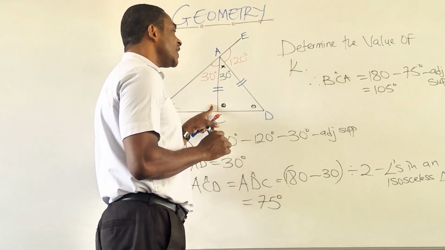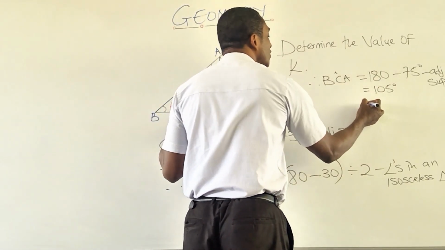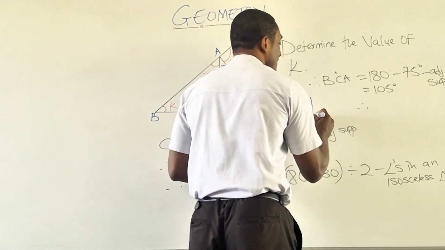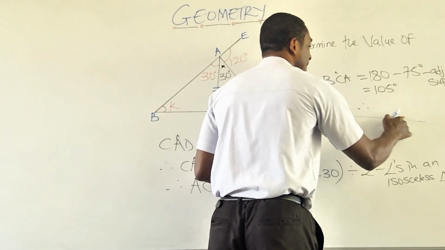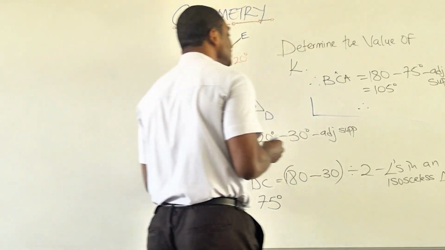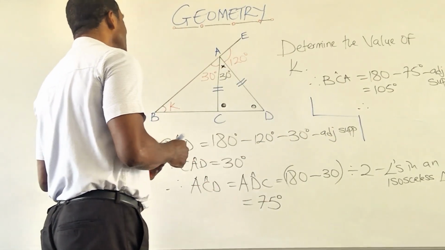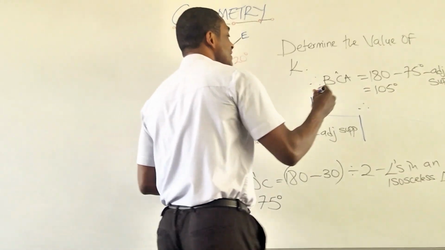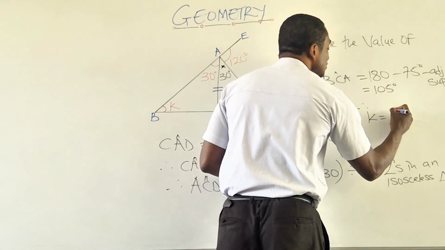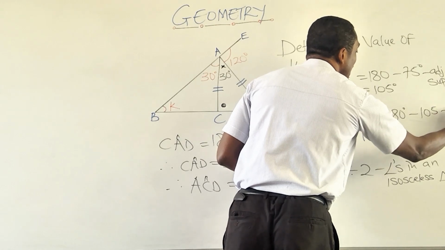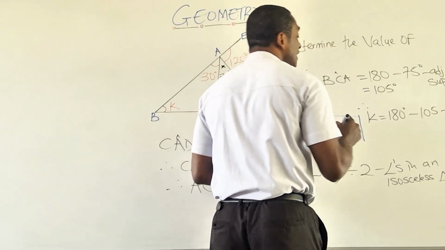If this is 105 degrees, we can now go to the last step and say, because this is 180 degrees, then our K will be equal to 180 minus 105 minus 30 degrees.